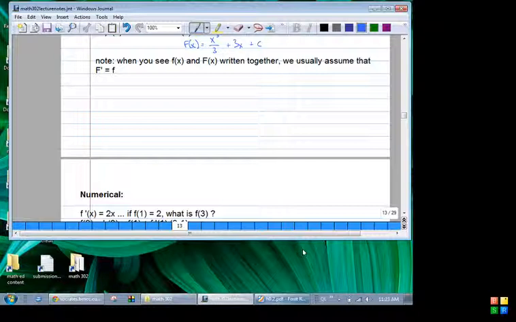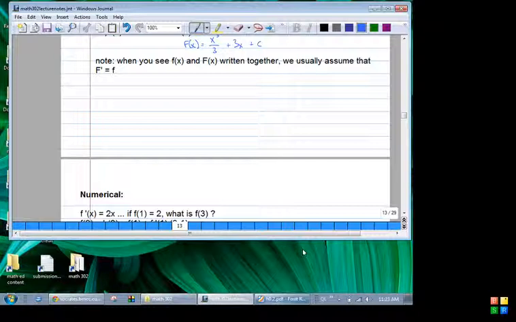I want to do it a different way, because that's going to lead us somewhere interesting. First find the antiderivative is what I don't want to do. I want to do something different that's going to show us something else.